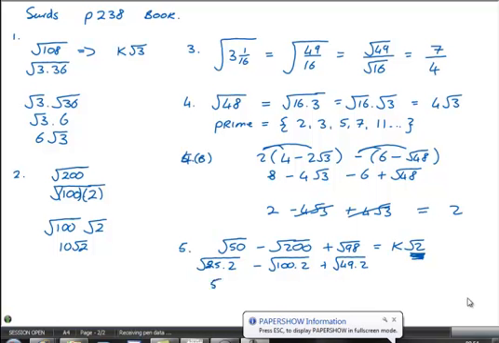So starting to speed up a little bit, that'll be 5 root 2 minus 10 root 2, plus 7 root 2. Adding those together, 5 and 7 is 12, minus 10 is 2 root 2, and I know that that's equal to k root 2. So that tells me k is equal to 2, and if I know k is equal to 2, well then k squared has to equal 4.